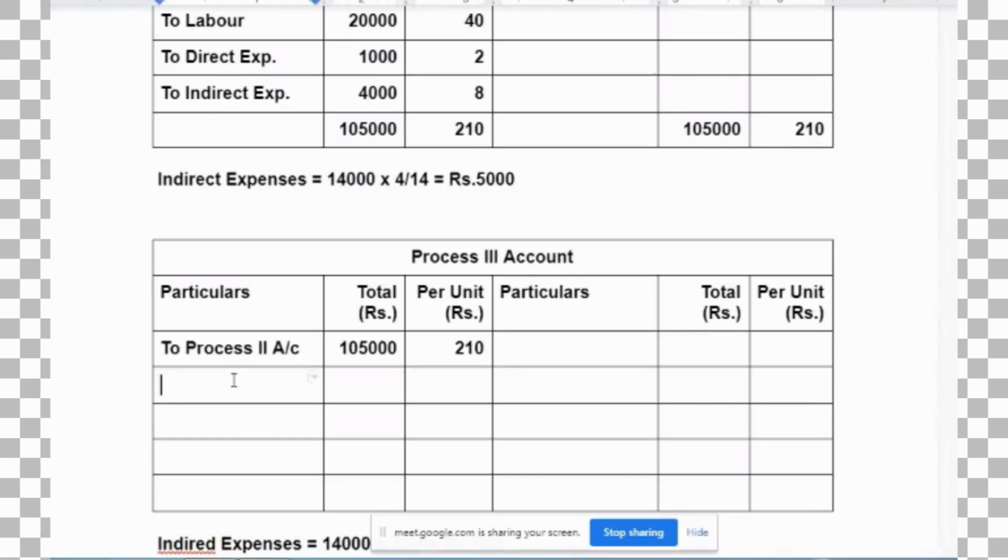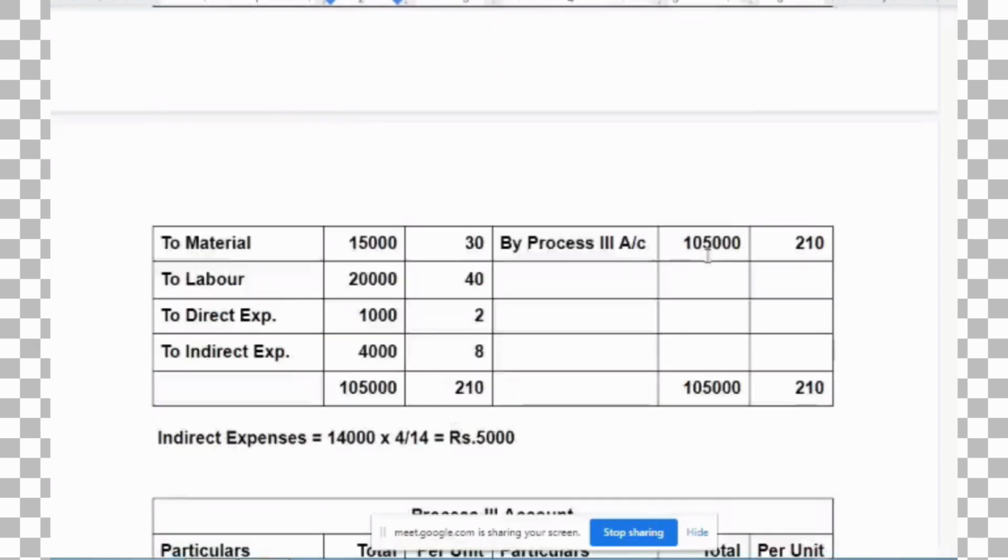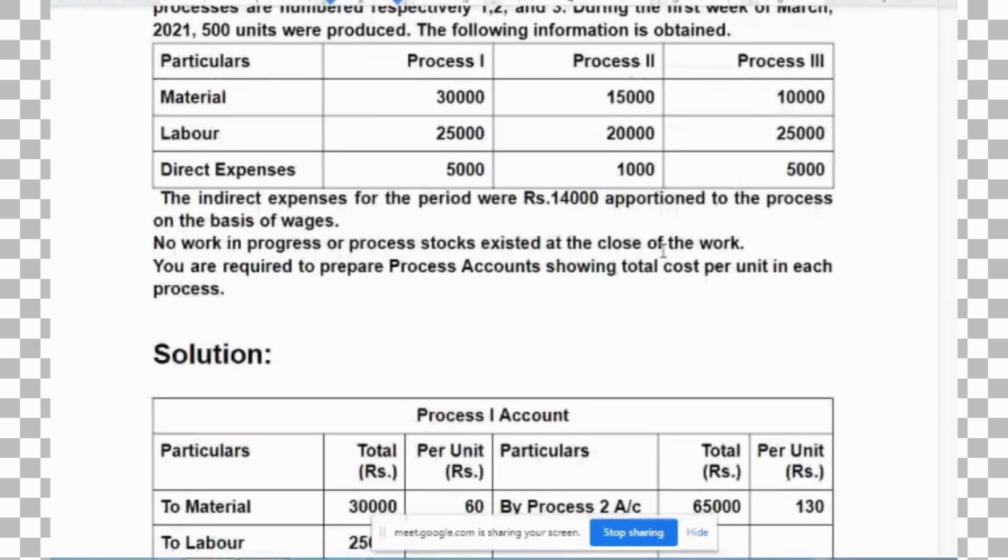And then, same as the above procedure: to material, to labor, to direct expenses, and to indirect expenses. And the amounts respectively? Above we have written here 10,000, 25,000 and 5,000.